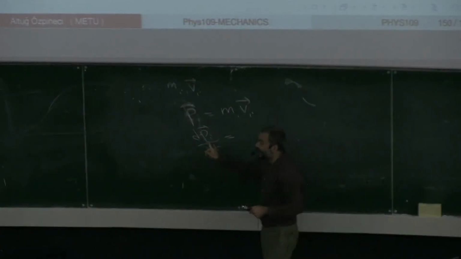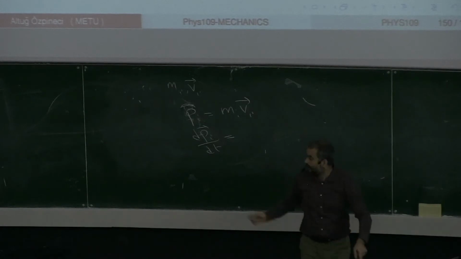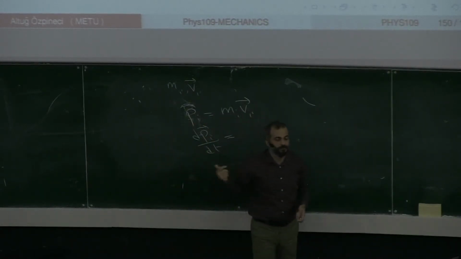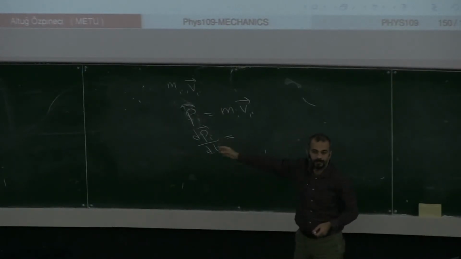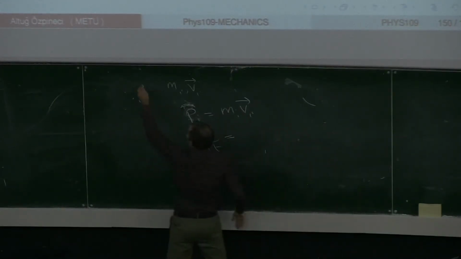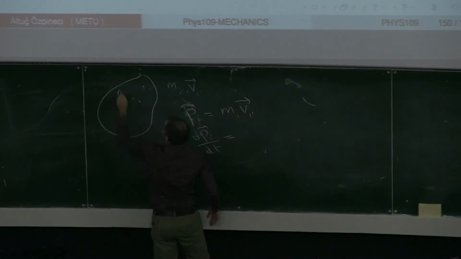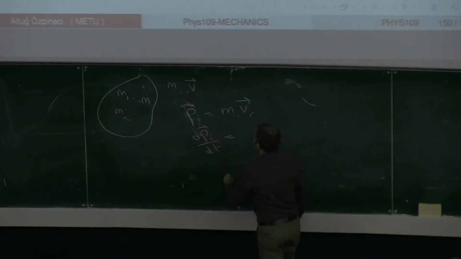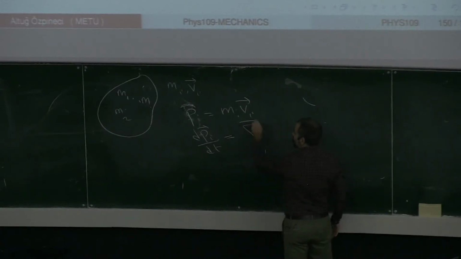Well, the total force acting on the ith mass, I have various masses, they might have two sources. Either the forces might be due to some other mass in my system, so I consider this as my whole system, m1, m2, mi. There might be a force acting on the ith mass due to the jth mass in my system.